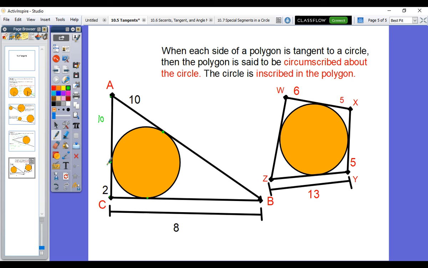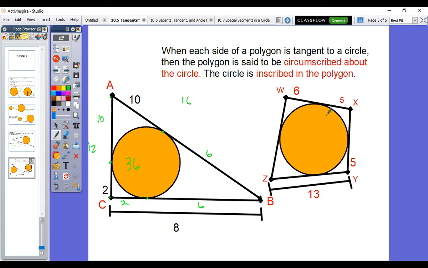Distance from this exterior point to here is 2, so from here to here is also 2. If the whole thing is 8, and this part is 2, then this is 6, making this 6 as well. So this whole side is 16, this whole side is 8, and this whole side is 12. 12 plus 8 is 20, plus 16 makes 36. So the perimeter of the triangle is 36.